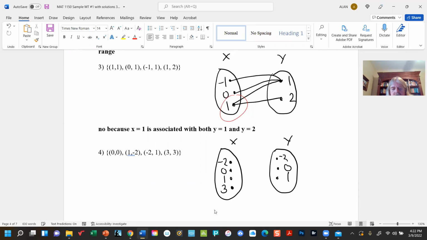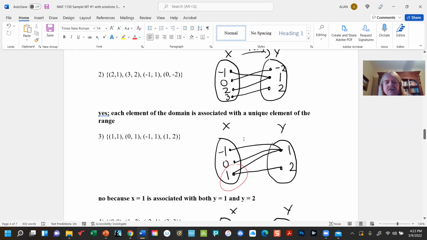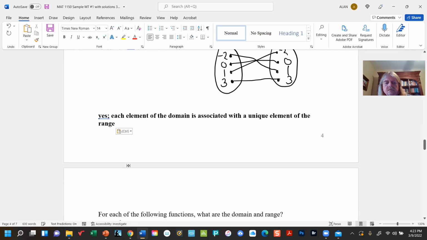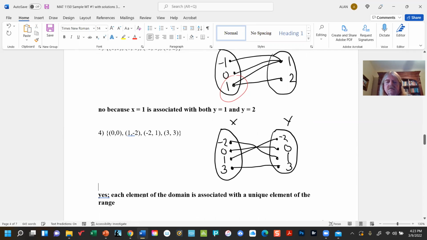All right, so 0 goes with 0, 1 goes with -2, -2 goes with 1. And well, do you know, this one is fine because each x is associated with a unique value of y. Okay, in other words, none of the x's are associated with 2 or more y's, and that's all that it takes. All right, so those are done.